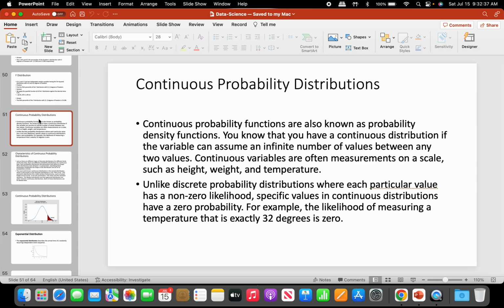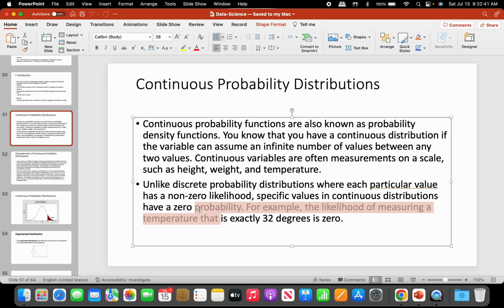Say for example, you can have the temperature, which can be 32 degrees Celsius or 2.5 degrees Celsius, 32.9 degrees Celsius. So we are assuming that these are non-round values, and so they are infinite. So an infinite variable is a continuous variable.